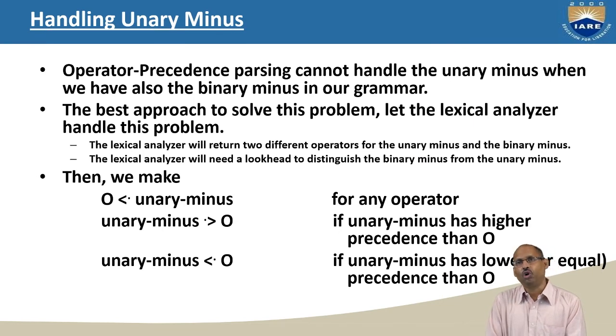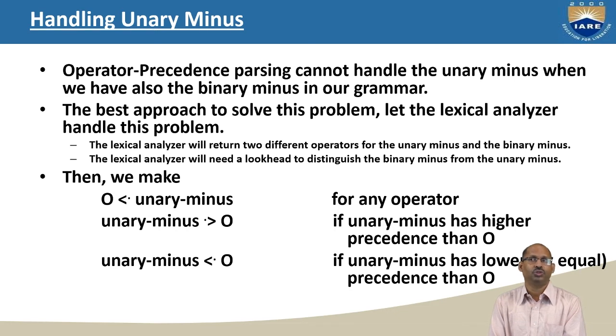The main drawback is handling the unary minus. It is unable to find whether it is a unary minus or a binary minus. Operator-precedence parsing cannot handle the unary minus when we also have the binary minus in our grammar. When we have both unary and binary in the same grammar, it is unable to find the correct one.